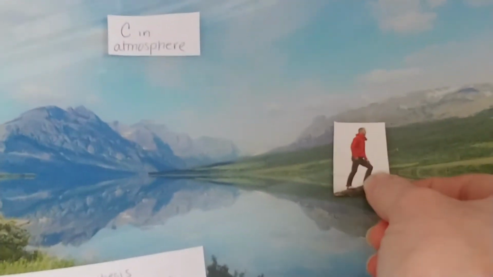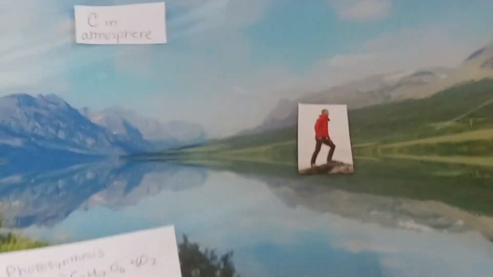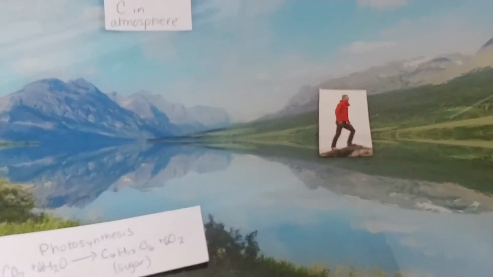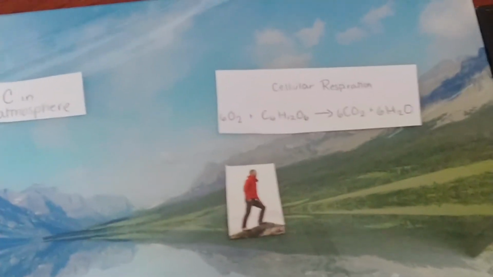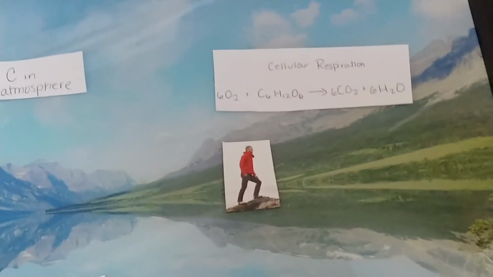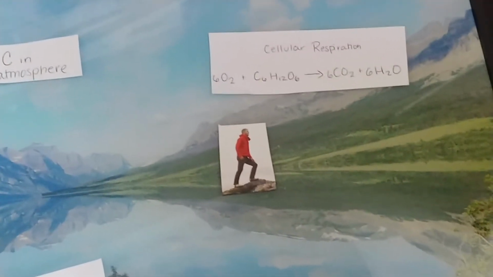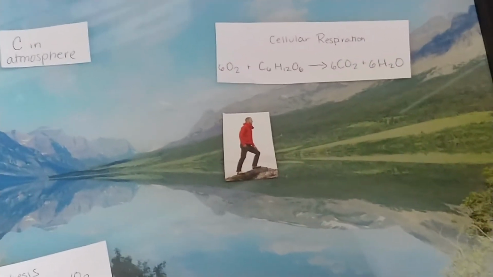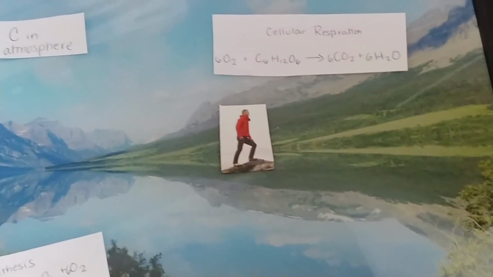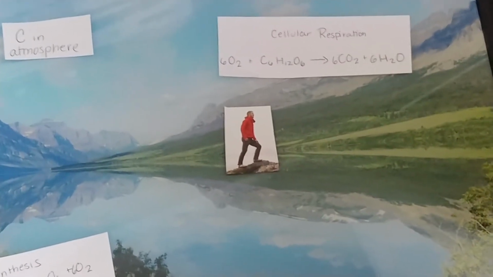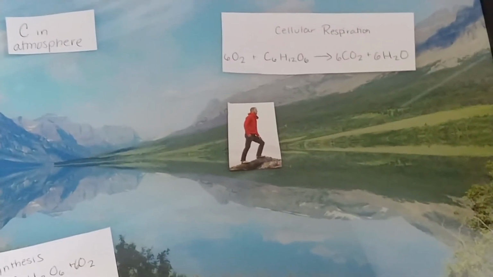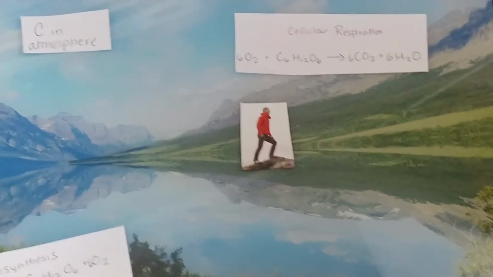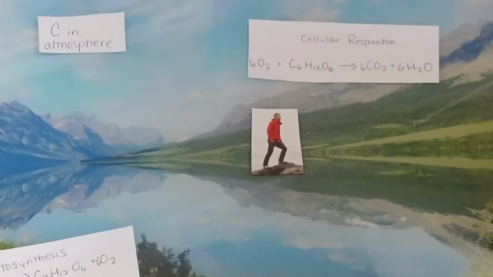So we have this person here, and that person is going through cellular respiration, which is where he is using the 6O2 from the atmosphere that he's breathing in. And he's using C6H12O6, which is sugar that he's getting from plants or from other animals. And he is actually breathing out CO2 that's going to go back into the atmosphere. And he's breathing out a little bit of water vapor that's going to go into the water cycle that we studied last week.